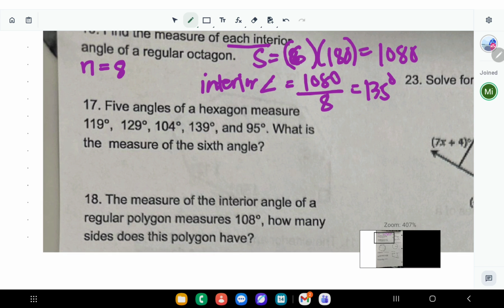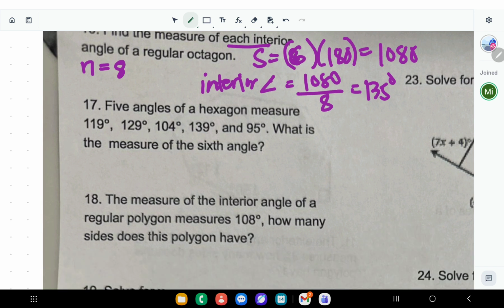Okay, for 17. Five angles of a hexagon are given. What is the measure of the 6th angle? So we're given the 5 angles. Hexagon, how many sides? Okay, I think this is the interior angle.